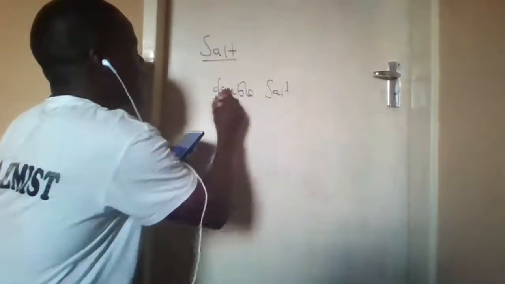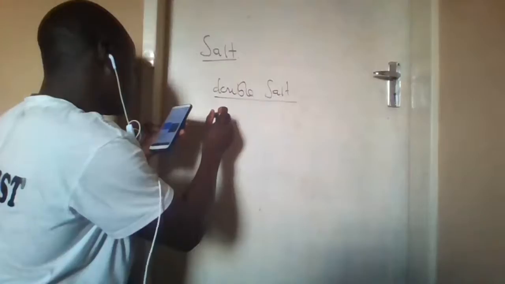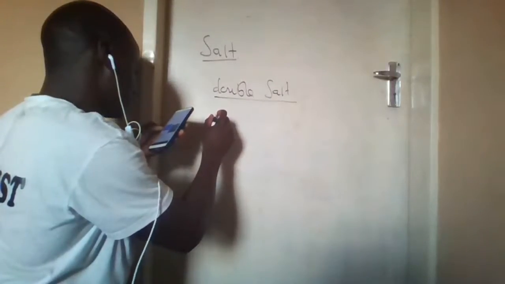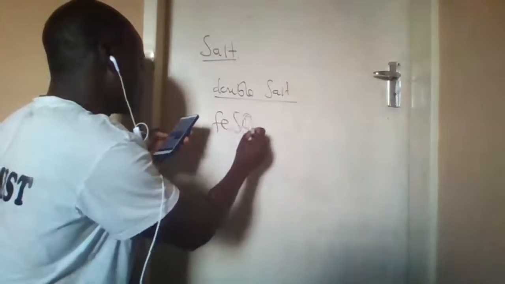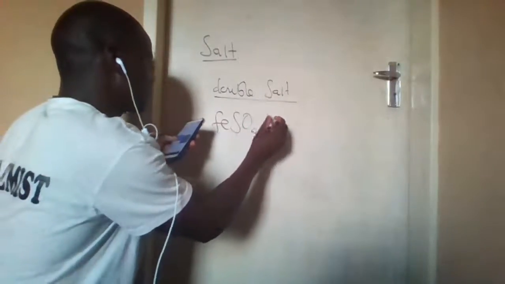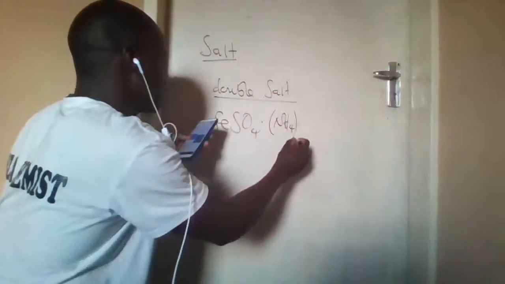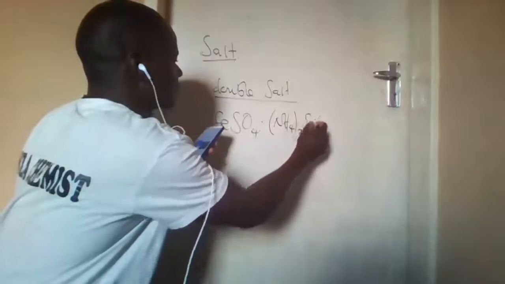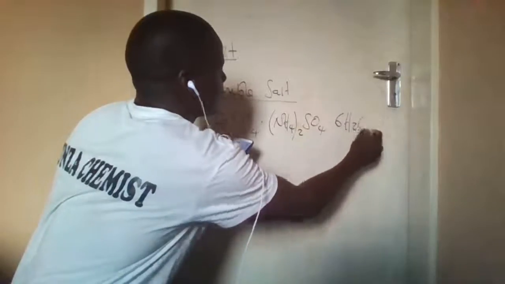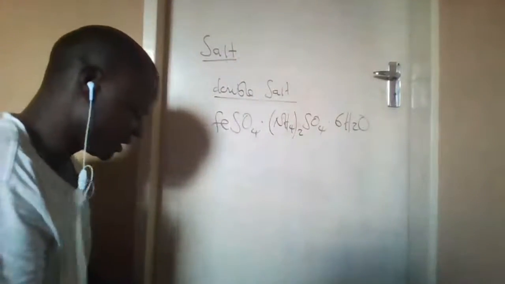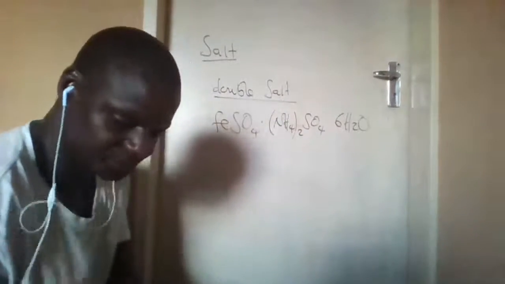I'm afraid this is pure chemistry. You can have FeSO4 and then a dot, then NH4, 2SO4 plus the water of crystallization. But naming of such double salts, you don't do in physical science.